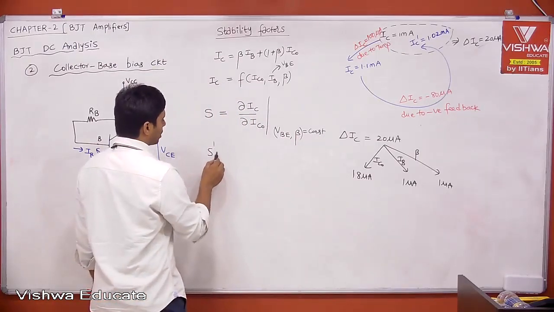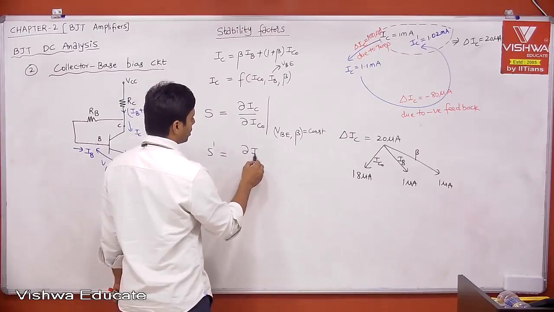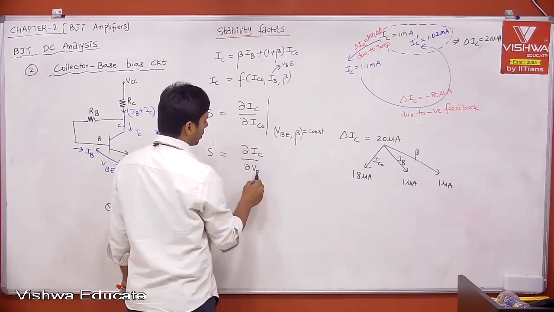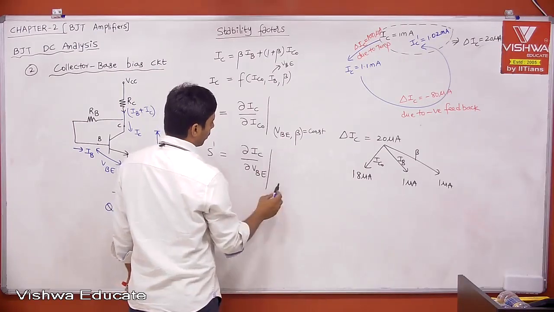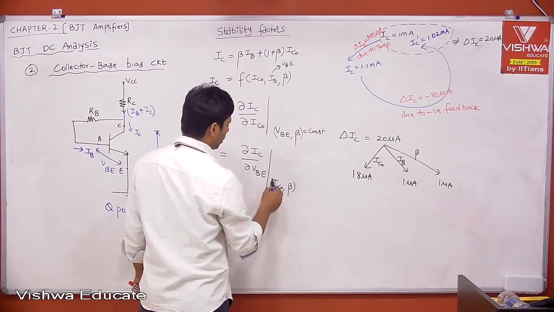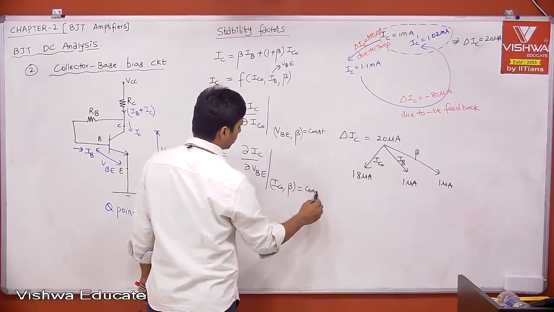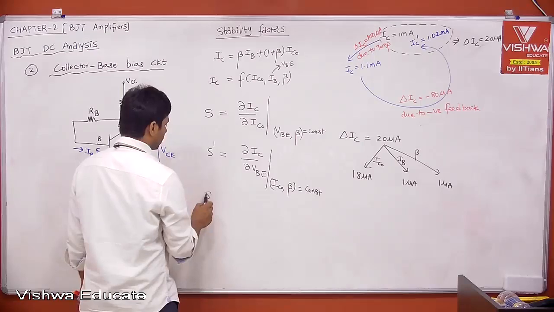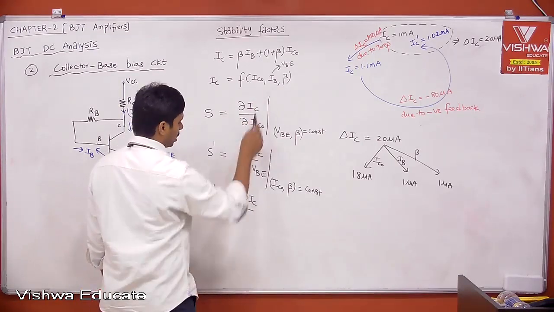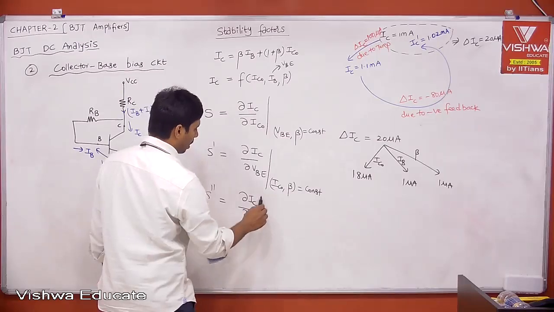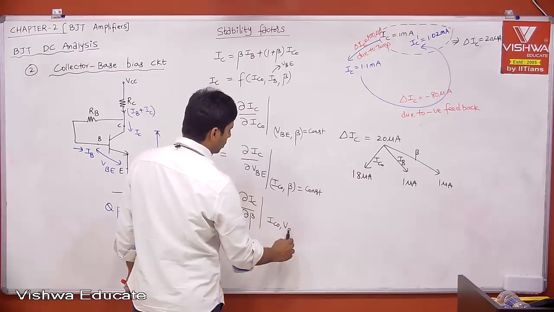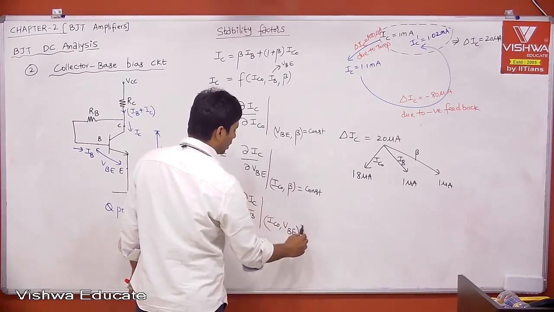Now S dash is defined as the change in IC due to change in VBE, V gamma basically, when IC naught and beta are kept constant. Now S double dash is nothing but the change in IC due to change in beta, when IC naught and VBE are kept constant.